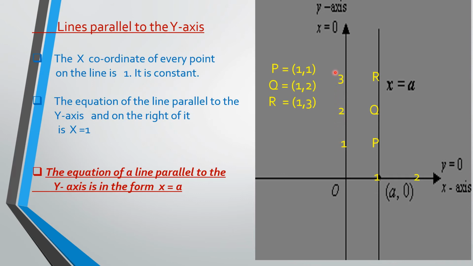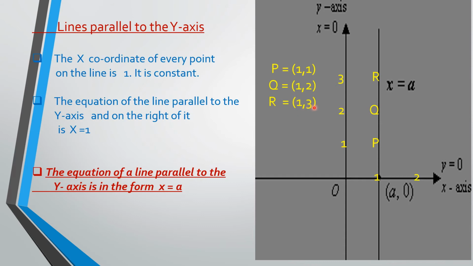Here some points are marked on the line. The coordinate of point P is 1 and 1, that is, x coordinate is 1 and y coordinate is 1. Point Q is x coordinate 1 and y coordinate 2, therefore 1, 2. And the coordinate of R is 1 and 3.